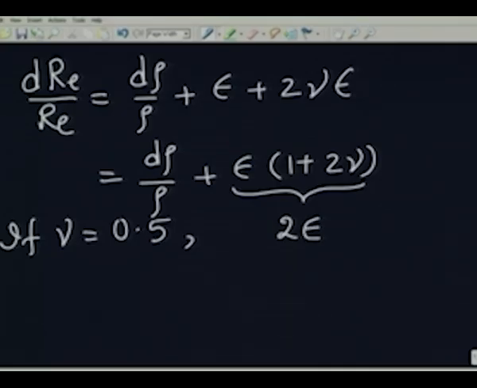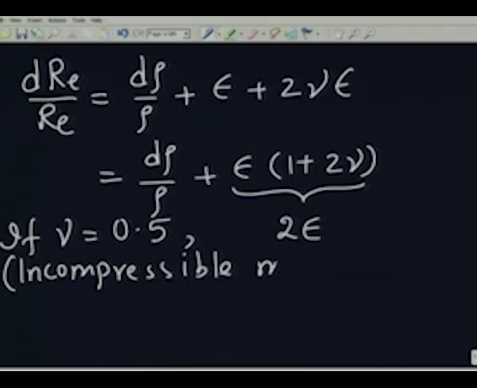So, you see that this is actually the incompressible material case. For an incompressible material, dRe by Re becomes d rho by rho plus 2 epsilon.